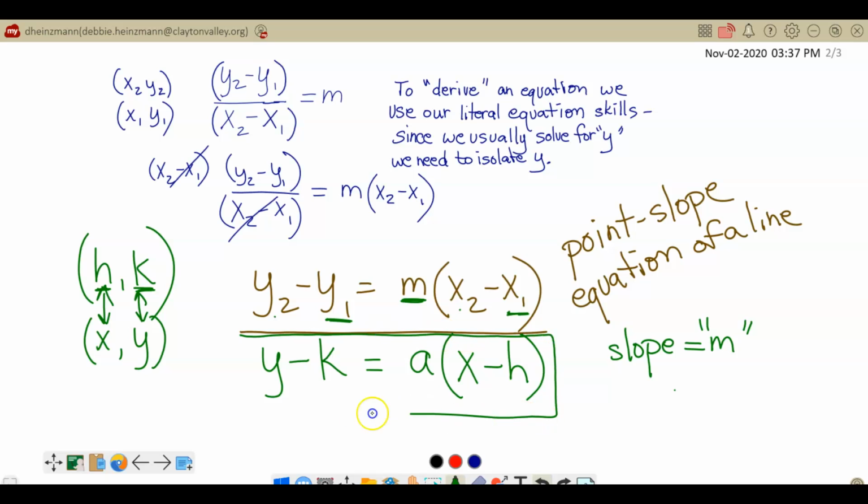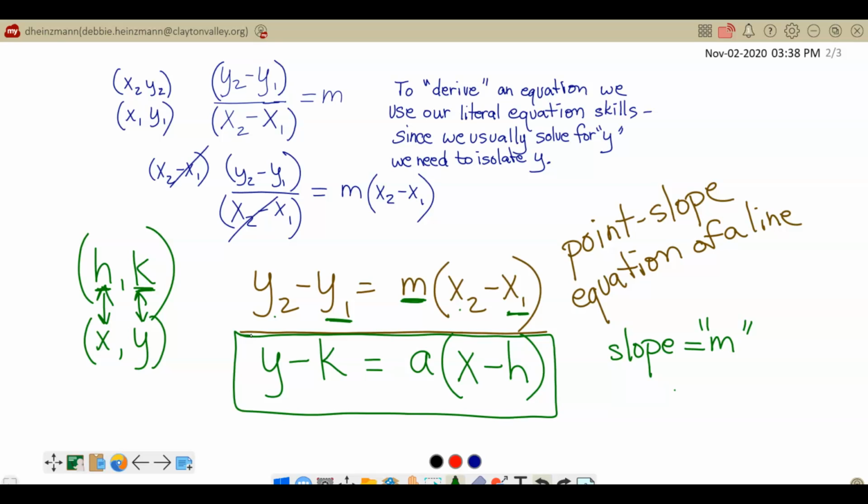It's going to take a little while to get used to this, but I guarantee you that you're going to be very happy when you finally learn it, because what you're going to see next semester in our quadratics unit is this form of a line is going to show up. You're going to see it again with h and k.